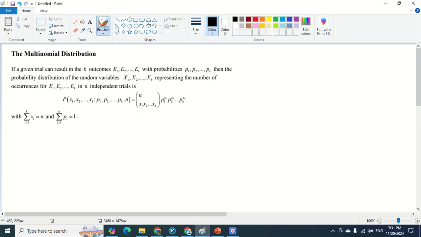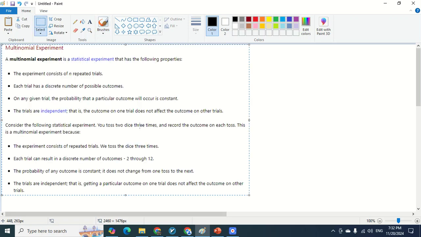This is a type of permutation or combination, a complex combination, equal to n factorial over each of their factorials. So let us take a look at this situation precisely.